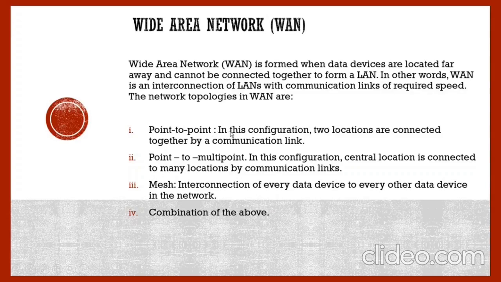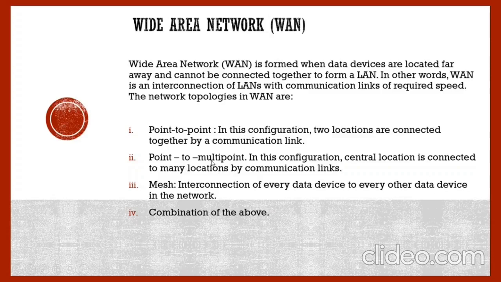Inside a point to point configuration, two locations are connected together by a communication link, as you can understand by its name only. In the point to multipoint configuration, a central location is connected to many locations by communication links, from a single point to multiple points.